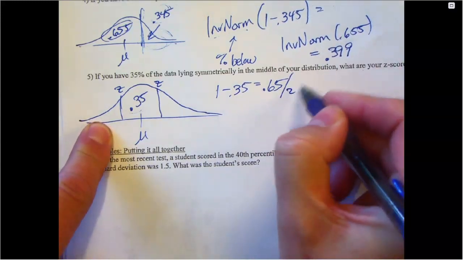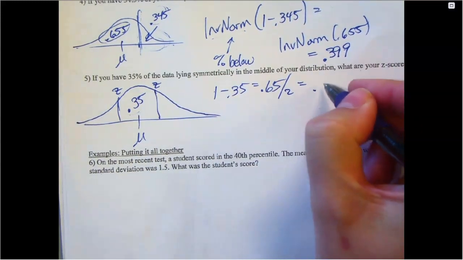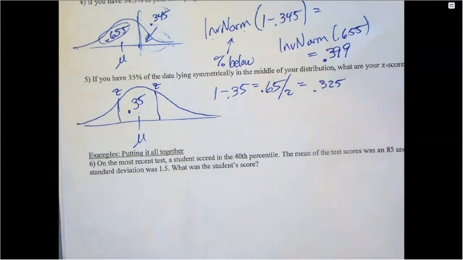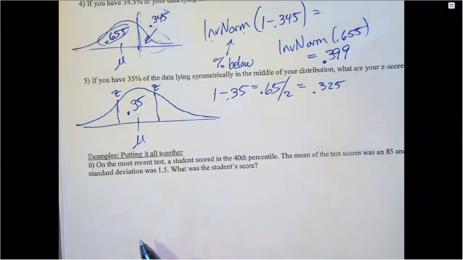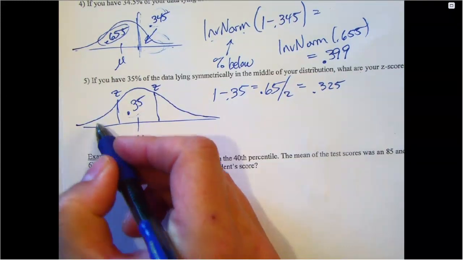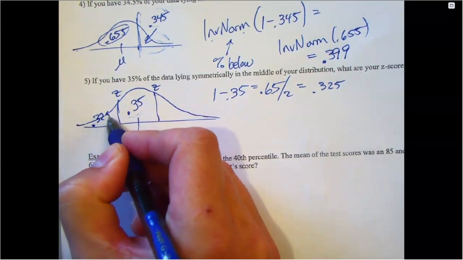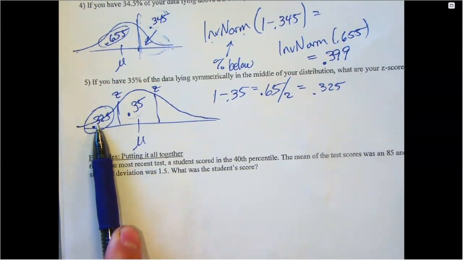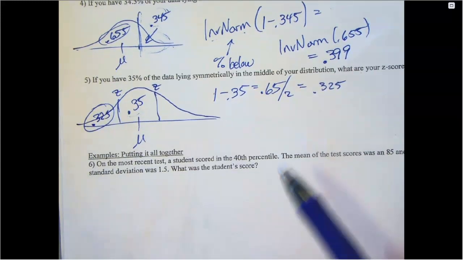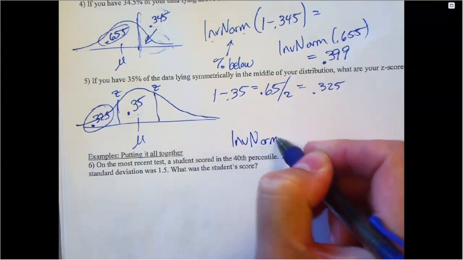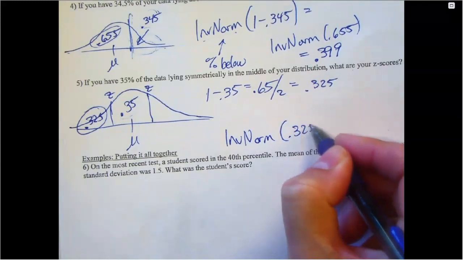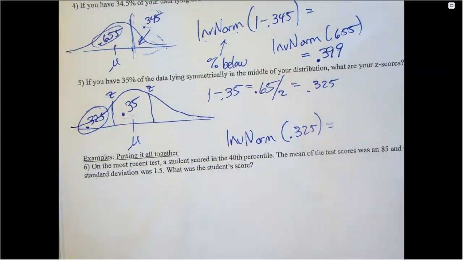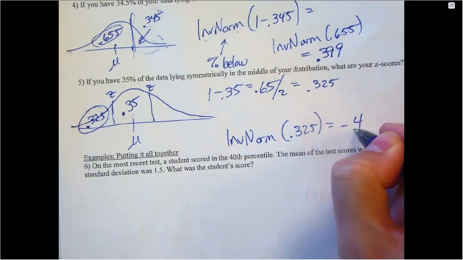So 0.65 divided by 2 is 0.325. That tells me this area here is 0.325, and that's the area I need to tell the calculator, because the calculator only does lower or less. So I'm going to do inverse norm of 0.325, and I get negative 0.45.